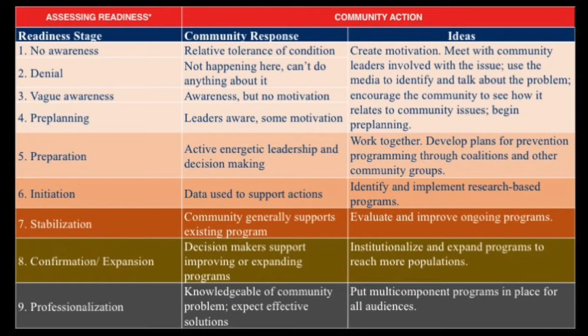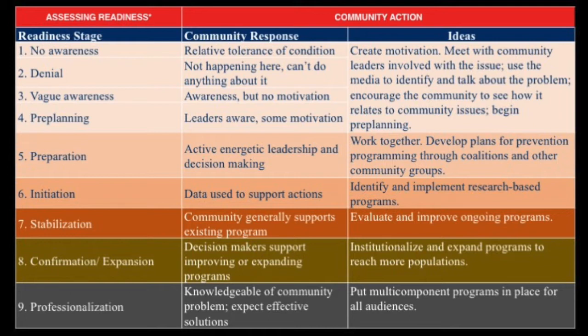So at these 2 stages, you can work together, develop plans for prevention or any type of program through coalitions and community groups, and identify and implement research-based programs. This is the best stage to create a new program, or to propose a program plan, in preparation or initiation.